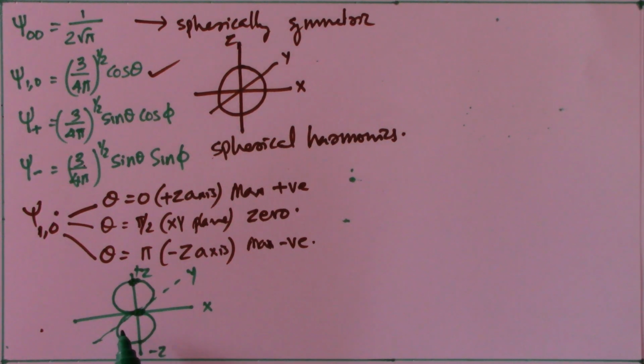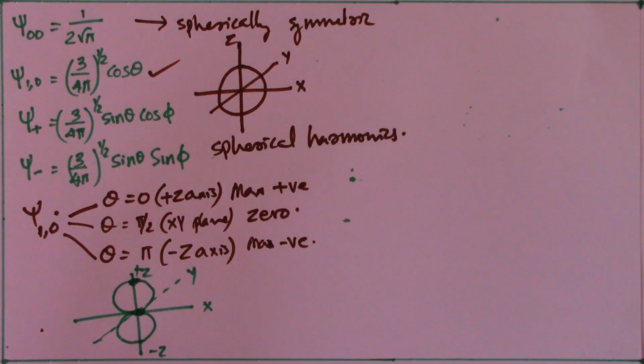So this is analogous to the pz orbital that you have already learned in your lower classes. You have only learned the shape of the pz orbital so far. You haven't learned so far how the shape of the pz orbital is derived, but you will see that later.